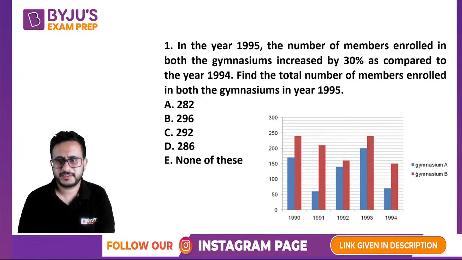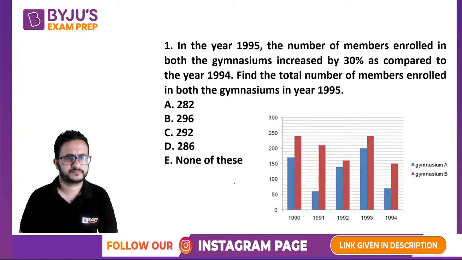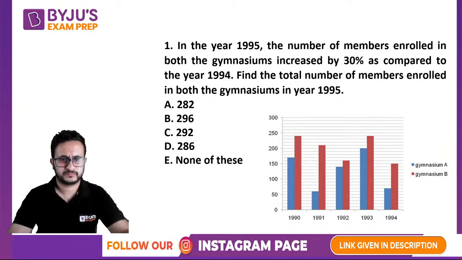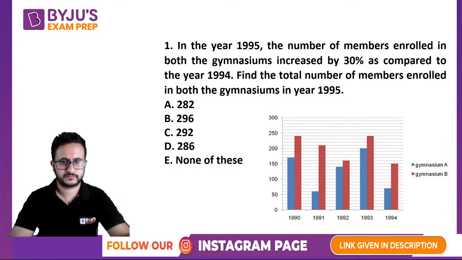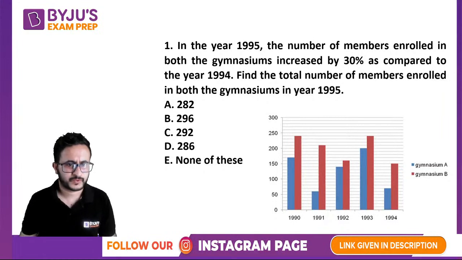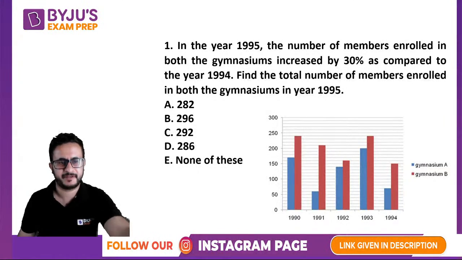So two gymnasiums A and B are given here, and the number of people enrolled in them is given in this.